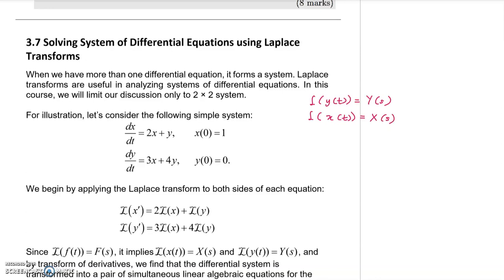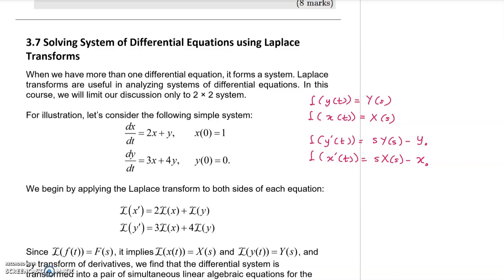Also, the Laplace of y prime is given by sY(s) minus y naught. So now if you have x prime(t), then it's going to be sX(s) minus x naught, where x naught and y naught are the initial conditions supposed to be given in the problem.